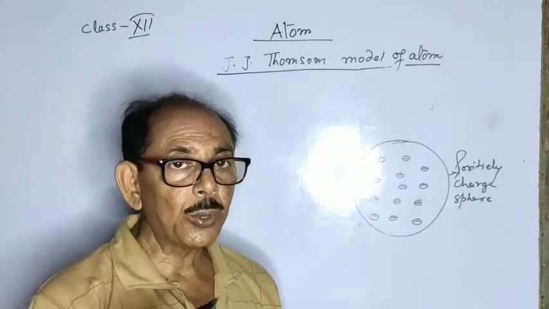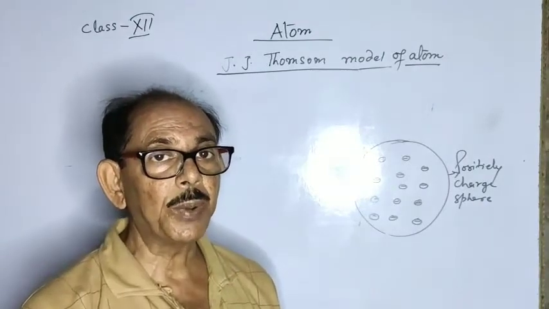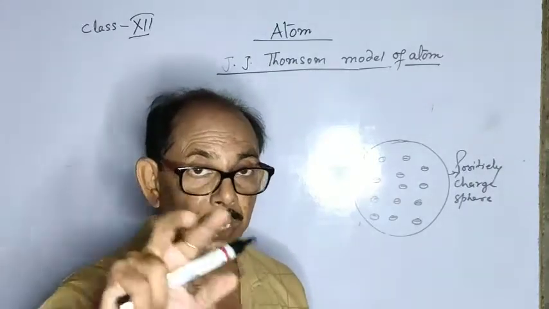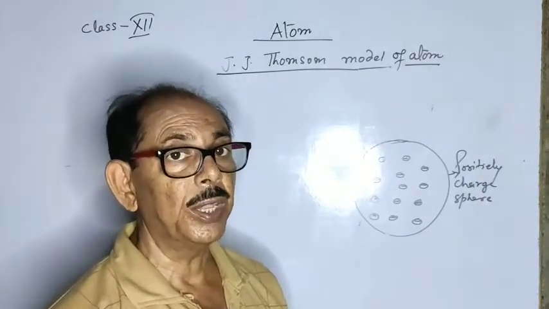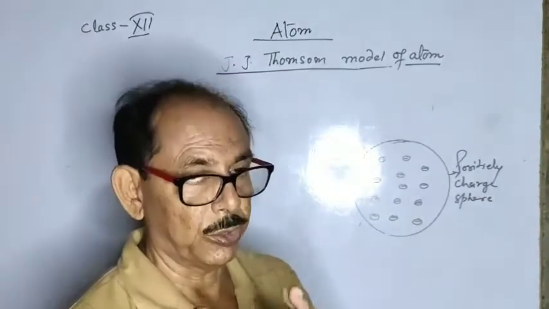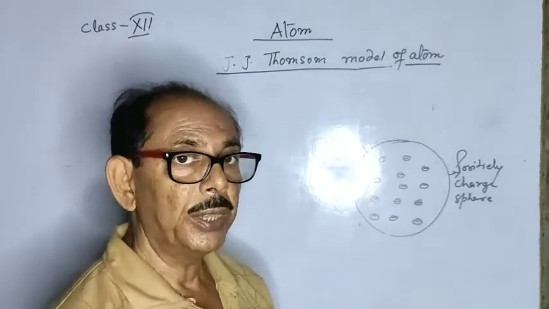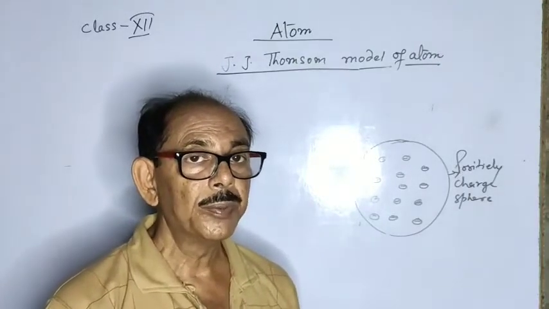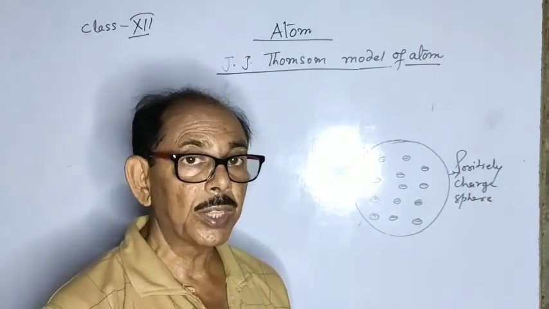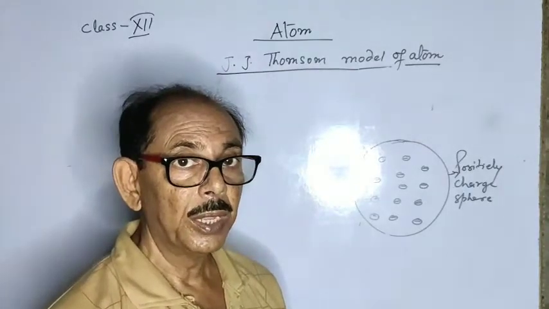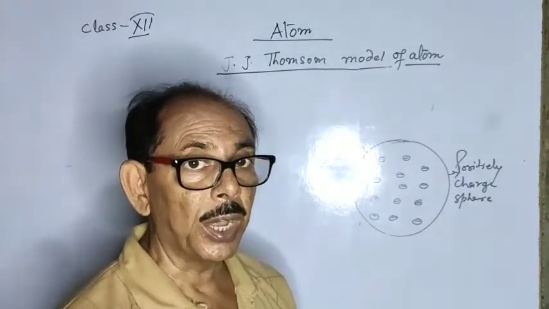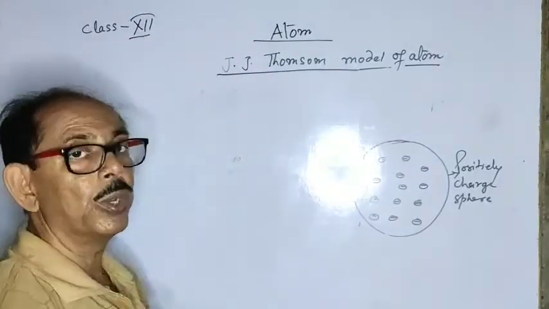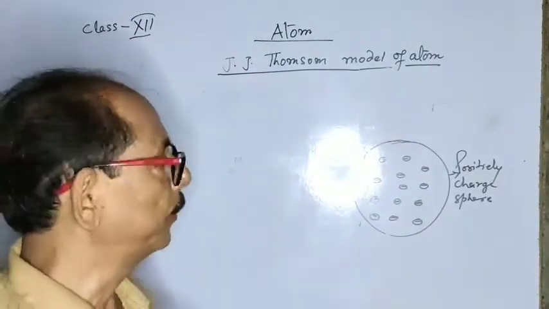The electrons, that is the negatively charged particles, are embedded inside the charge sphere in such a way that the neutrality exists, just like the plums are embedded in the pudding. So this model was also known as the plum pudding model.